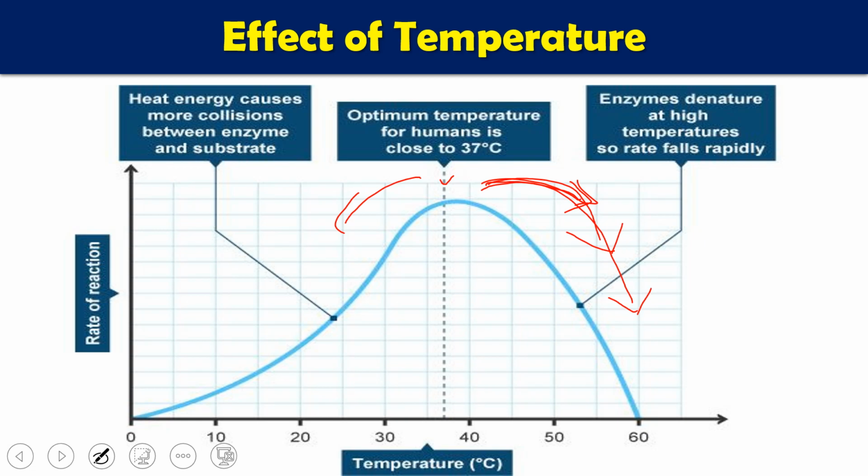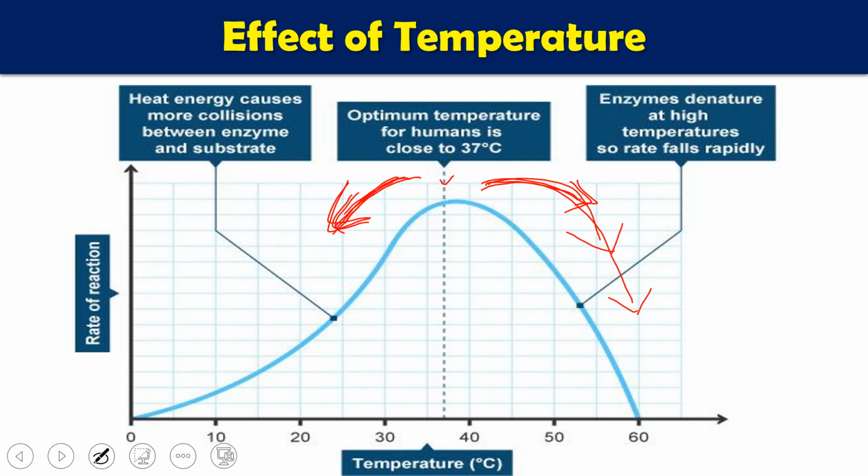Whereas when you go to the lower side of the optimum temperature, a chemical reaction normally occurs because of collisions, and collision means if you give more energy to the system, more energy to the substrate or enzymes, there will be more collisions and more reaction. So when we decrease the temperature, the energy in the system, in the substrate, decreases, so there will be fewer collisions, and the reaction is going to decrease.